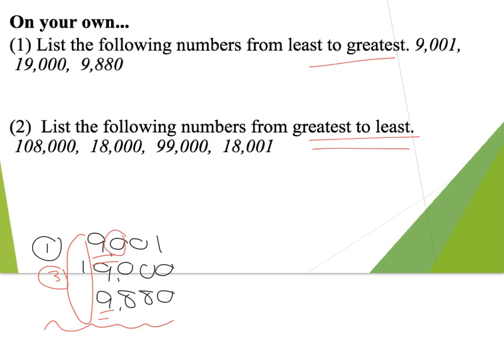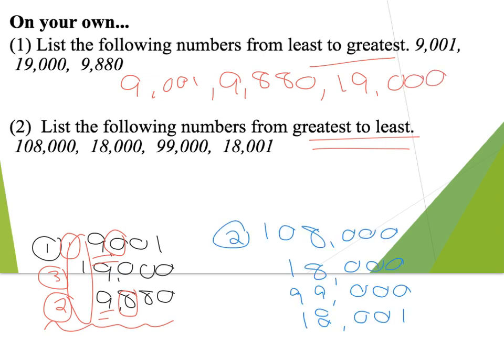Here we have a 0, and down here we have an 8. So that means that this first number is actually the smallest of our three, and the final number is a little bit bigger with an 8 in the hundreds place. So our answer for the first problem is 9,001, 9,880, and 19,000.